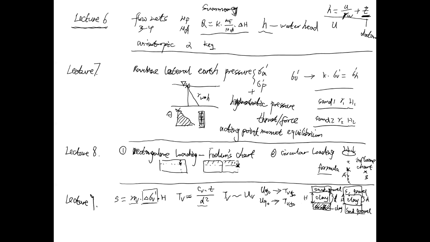Is that clear? How about the rock section for two-way? If it's rock, which means no water penetrates through, or clay, then it's one-way drainage, and you use the whole clay thickness.